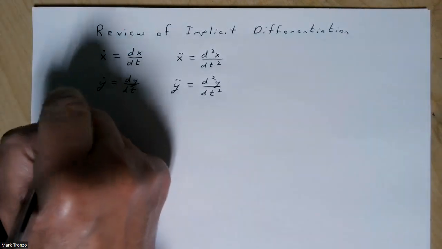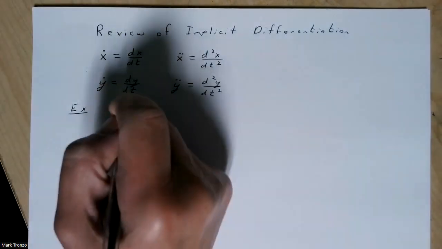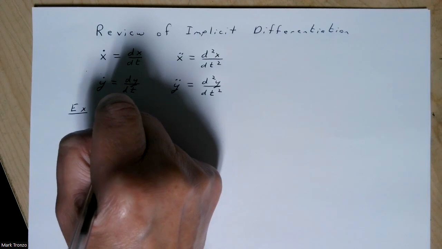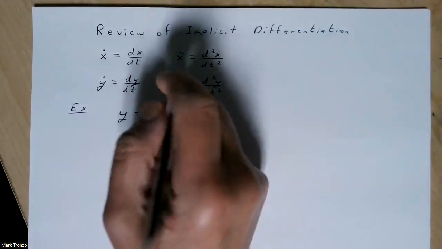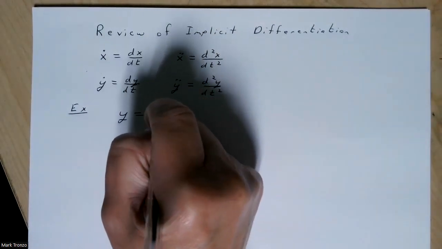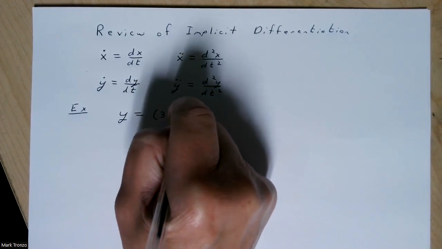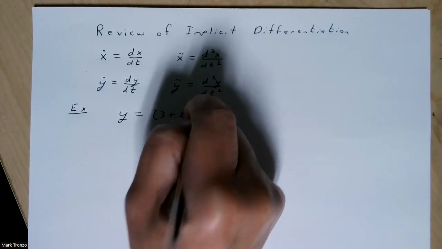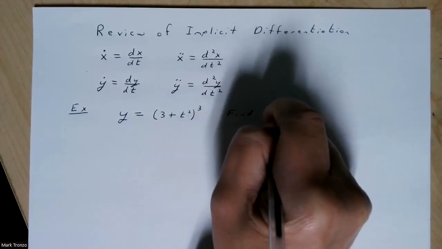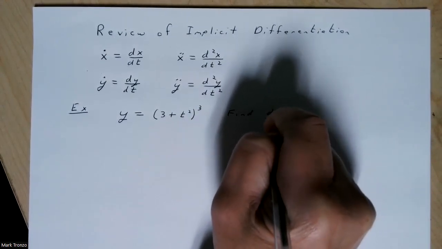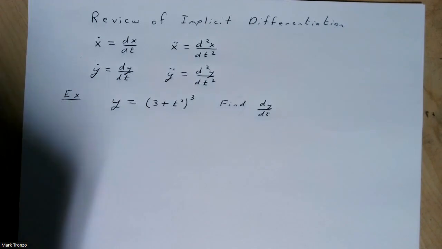Now, before we do implicit differentiation, let's just get some ideas first. Let's say we have a function y equals (3 plus t squared) cubed, and we want to find dy/dt. Once again, that's the same as y dot.